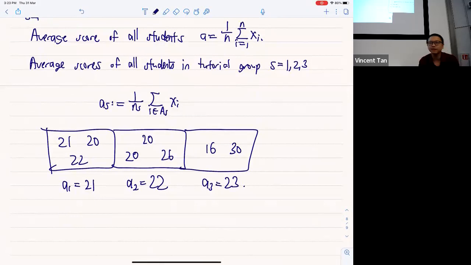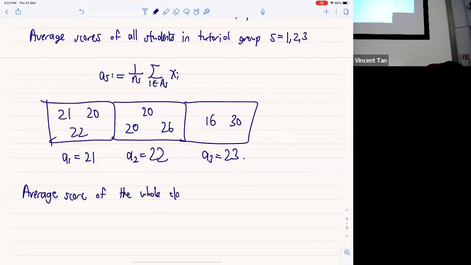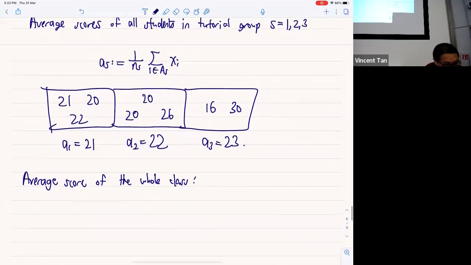All right, how is this related to conditional expectation and the law of iterated expectation? Can we compute the average score of the whole class in a different way? The average score of the whole class can be computed in this particular way also.